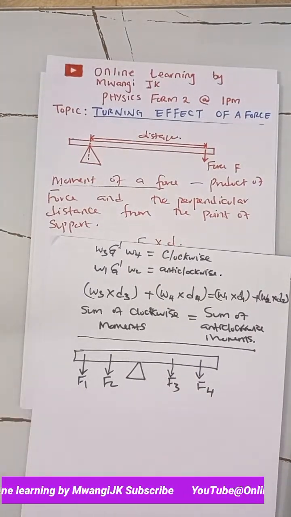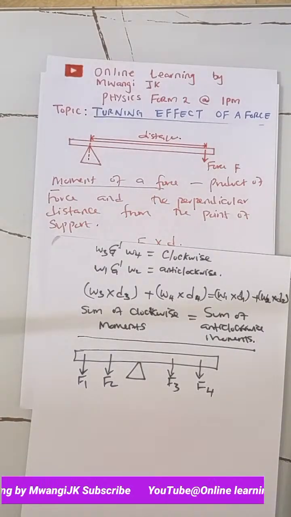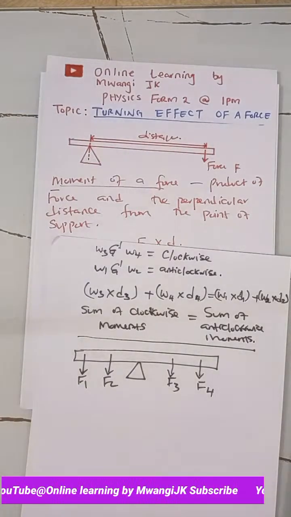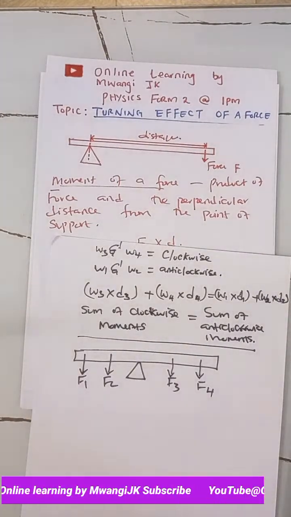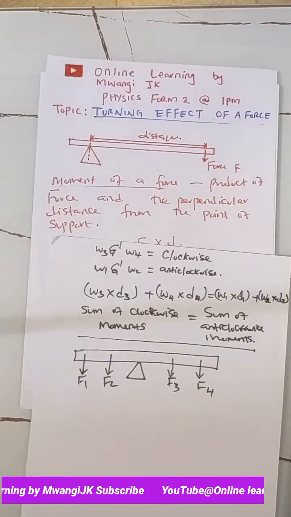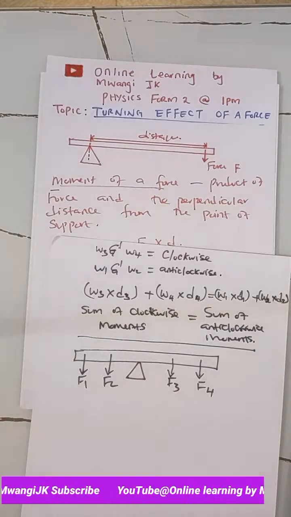So we are supposed to consider the force that is clockwise, and the force that is anti-clockwise. So the sum of clockwise moments should be equal to the sum of anti-clockwise moments about the same point, without changing the point, which is now our pivot.